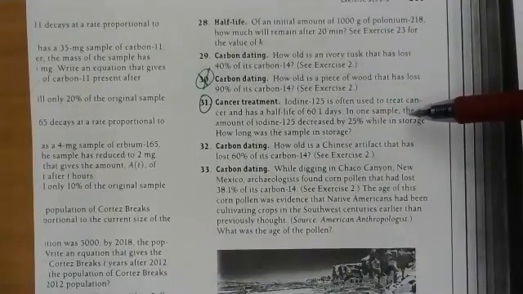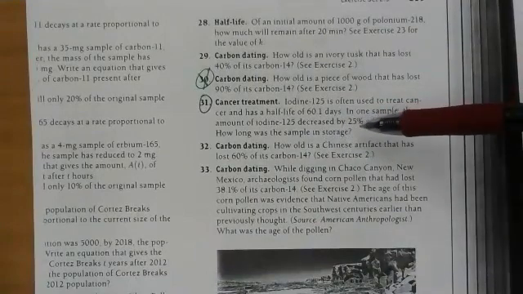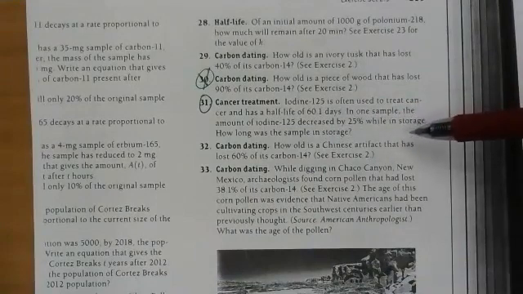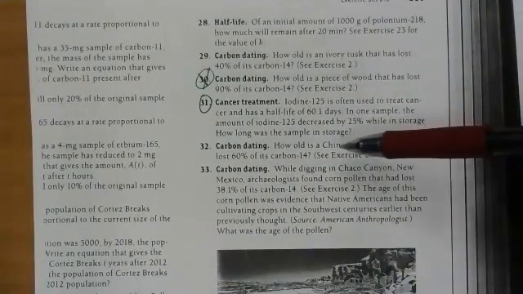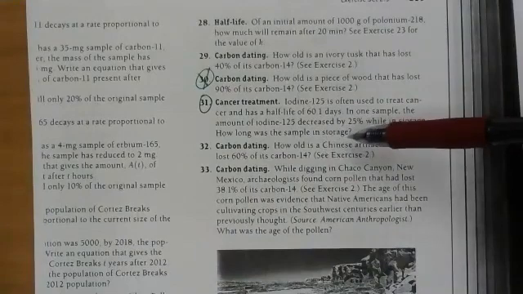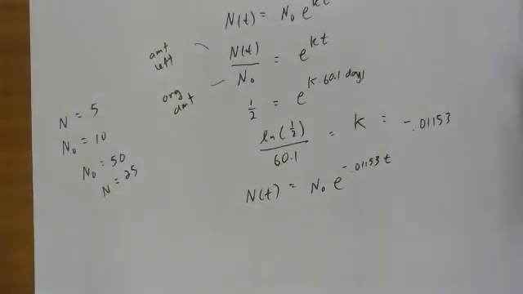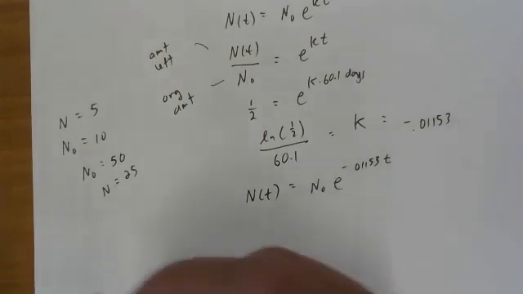Now let's look at the rest of the problem, what they're really asking. In one sample, the amount of iodine decreased by 25% while in storage. How long was the sample in storage? Once again, they're not telling us how much we started with, but they are saying it decreased by 25%. So just for fun, here's one way to think about it.